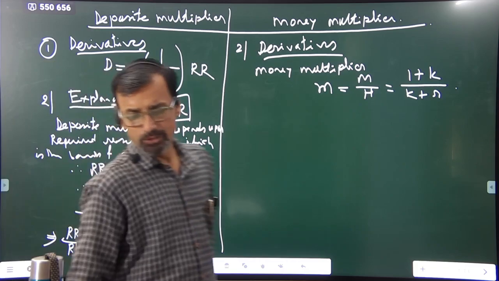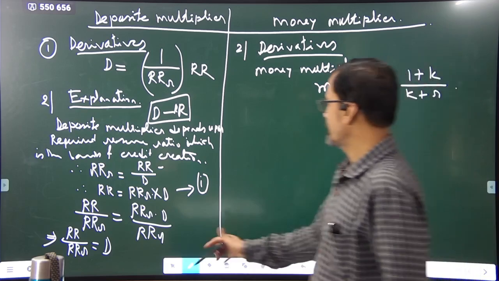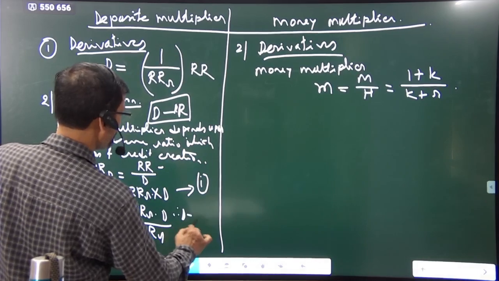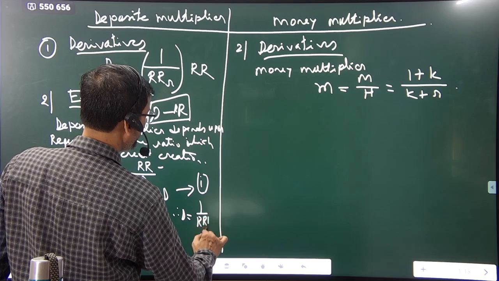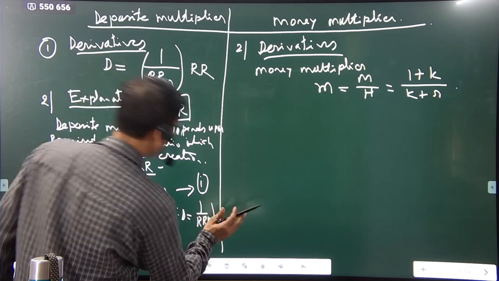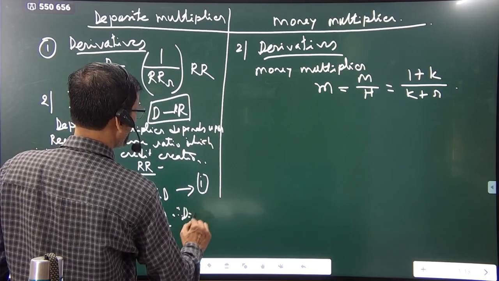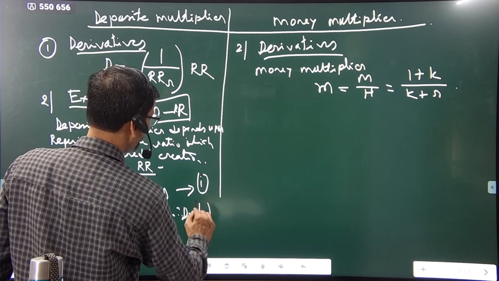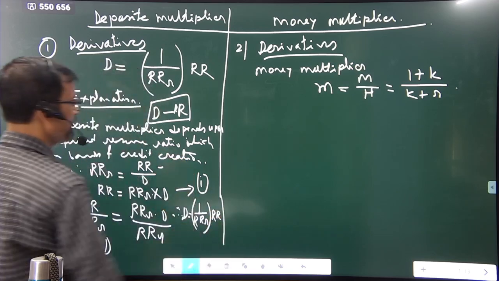So simply what are we getting here? This D is equal to 1 by the required reserve ratio into the initial reserve amount.